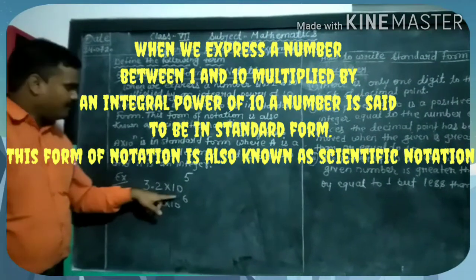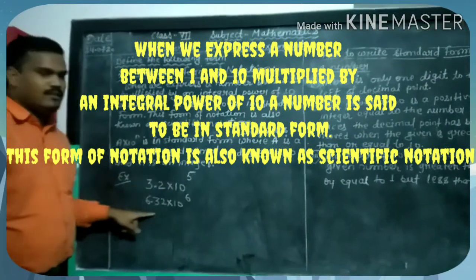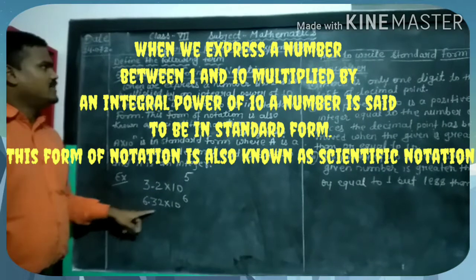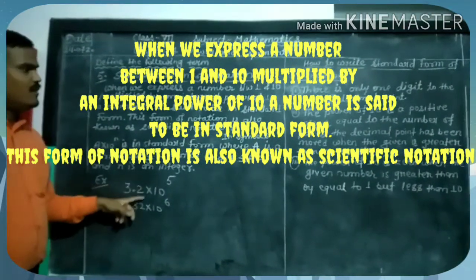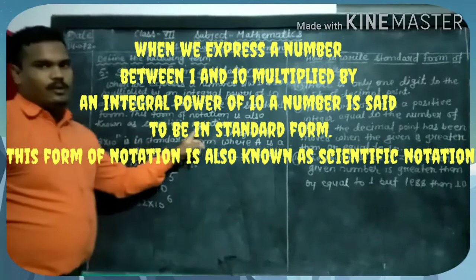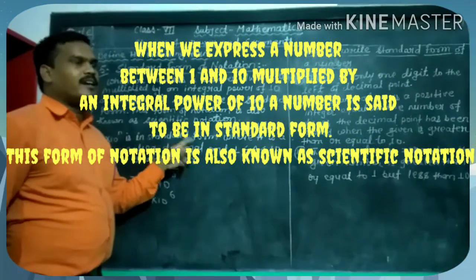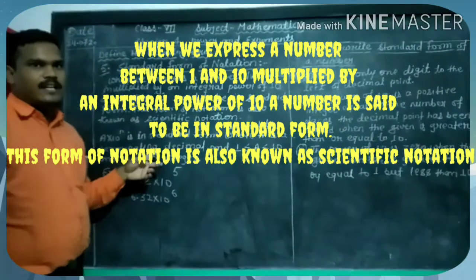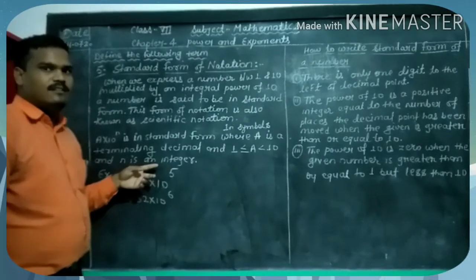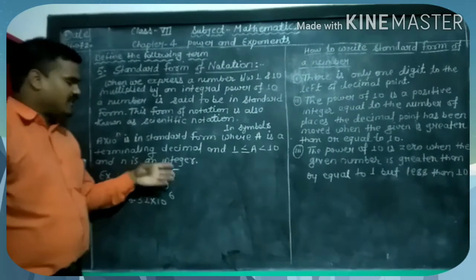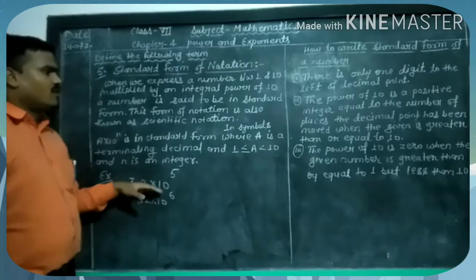If you write any number in this format, then this format is known as standard form, and this form is also called scientific notation. As we have learned, the distance between the sun and earth, the speed of light, we represent in this short form.